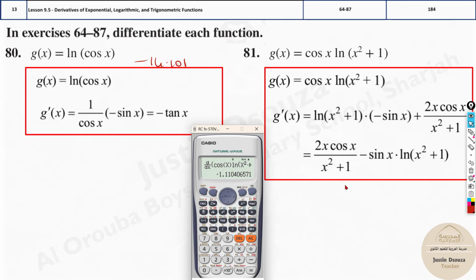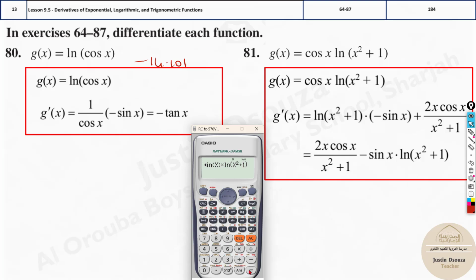You can write it out, and now we will solve this as well. Use the fraction symbol, 2x times cosine x. Close the bracket. Over here it is x squared plus 1. And over here it is minus sine x multiplied with natural logarithm x squared plus 1.